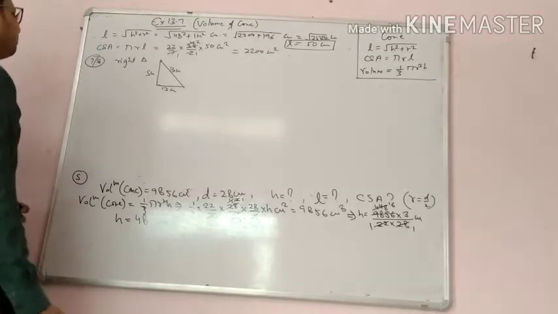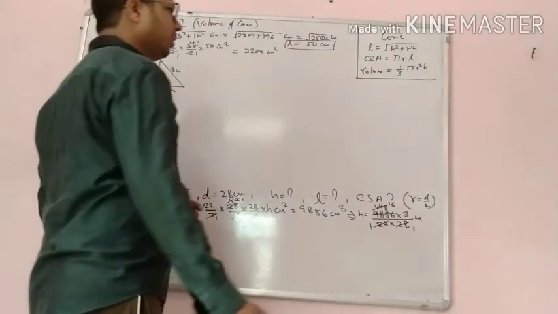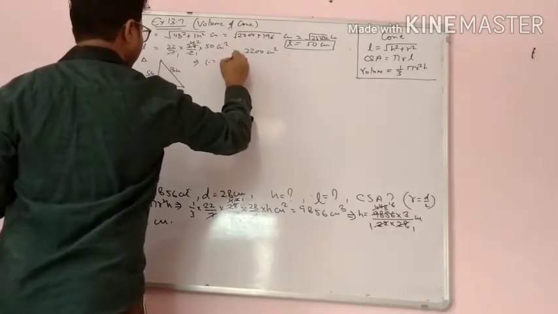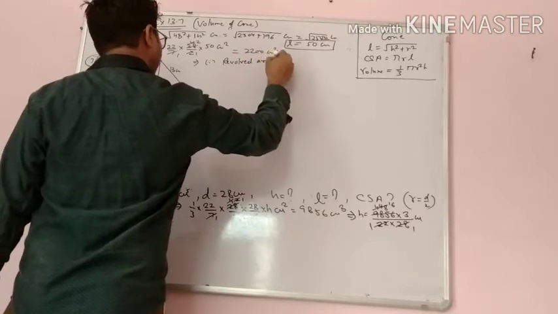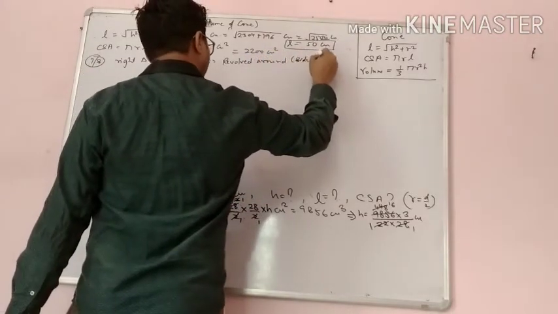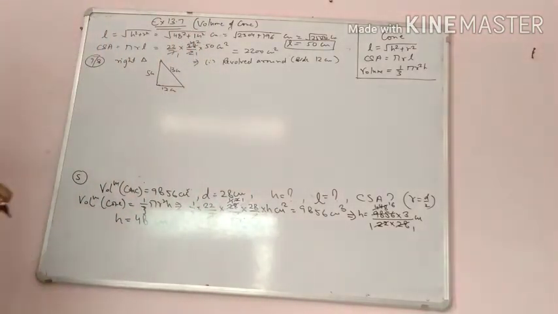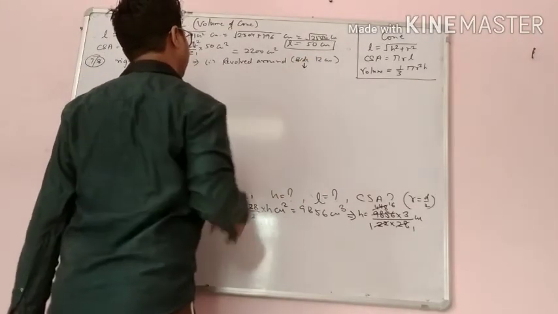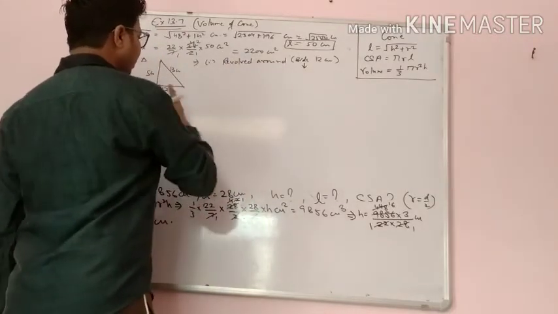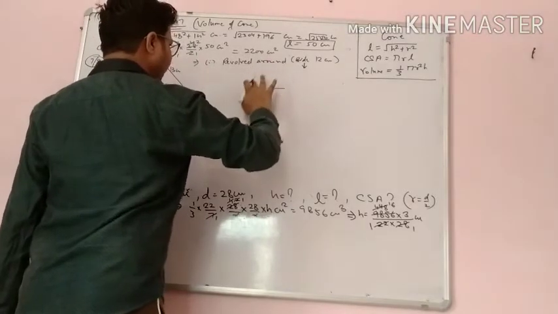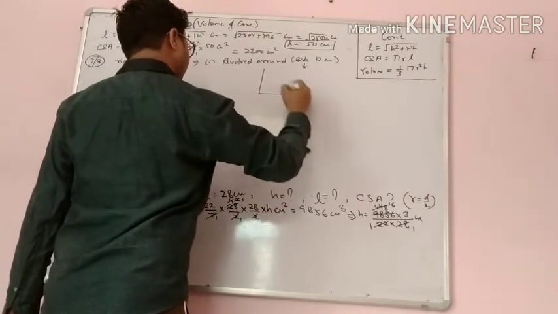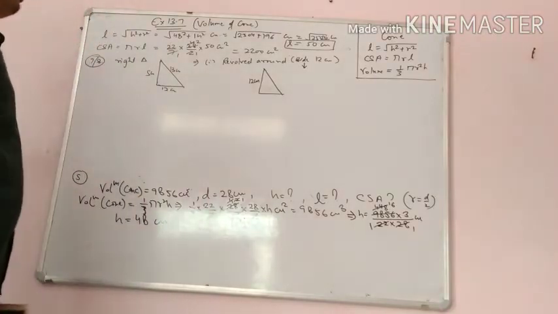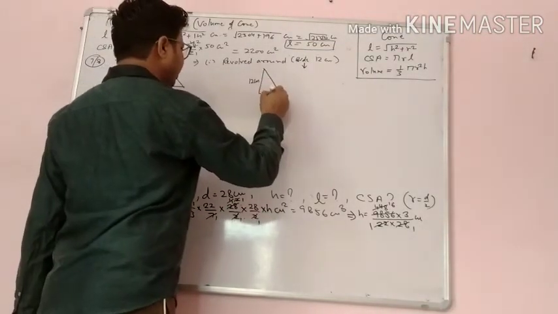That is given. Now, the first case is that they revolved around side 12 centimeter. When they revolve around 12 centimeter, in that case the cone's height will be equal to 12 centimeter and radius will be equal to 5 centimeter.